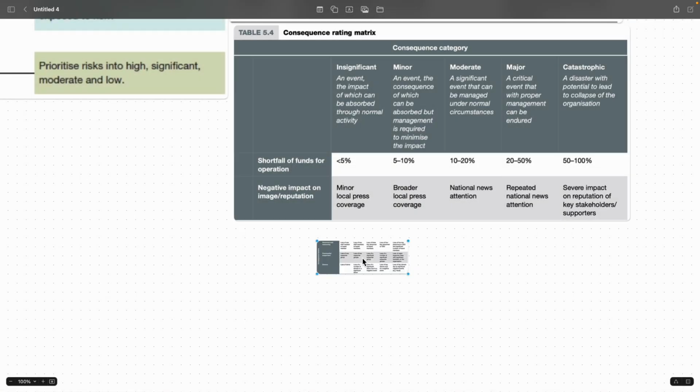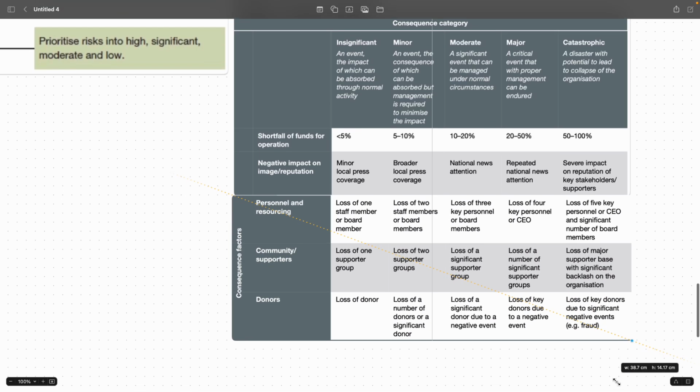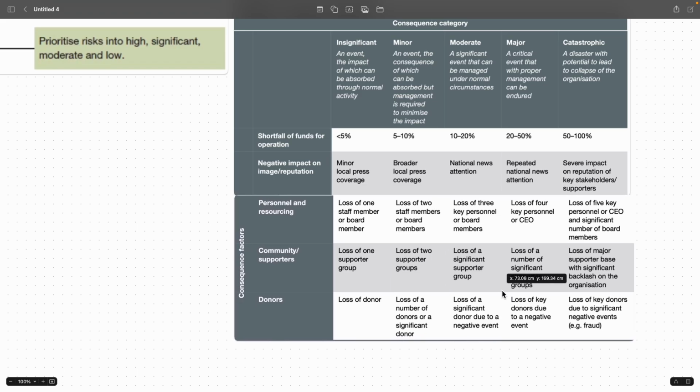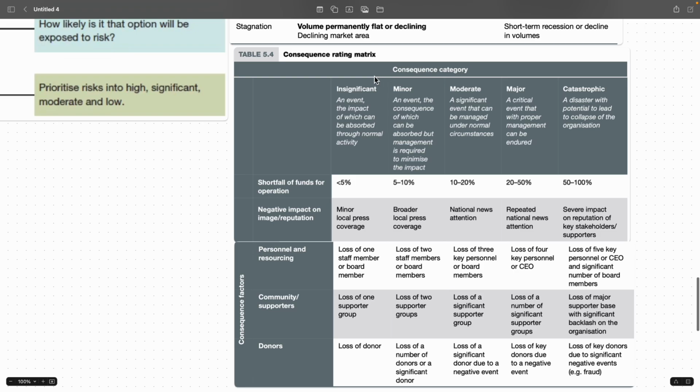So if we look at these two together, okay, you got this word here: insignificant, minor, moderate, major, catastrophic. Correct? You will be getting questions that ask you on this part. You will be getting questions that ask you on this one, like what's the category of this one. So they give you an example.